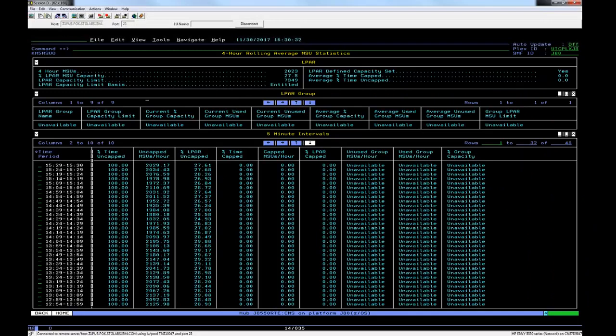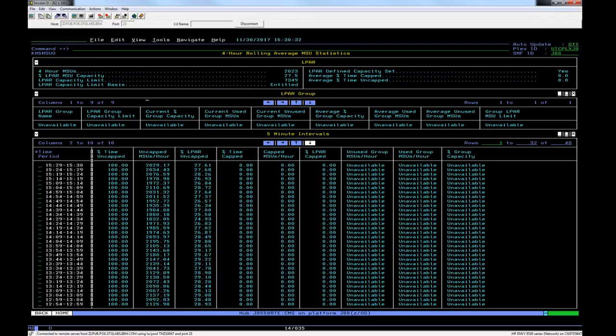The unused MSUs just gives an indication of what capacity is left. And at the LPAR level, we're currently just looking at the LPAR view of 4-hour rolling average. And we show the last 48 5-minute intervals in descending sequence, chronologically. And we'll show how much time in each 5 minutes was spent being uncapped. That is, we haven't hit the capacity limit. And also the percentage of LPAR capacity uncapped for each of those 5 minutes.